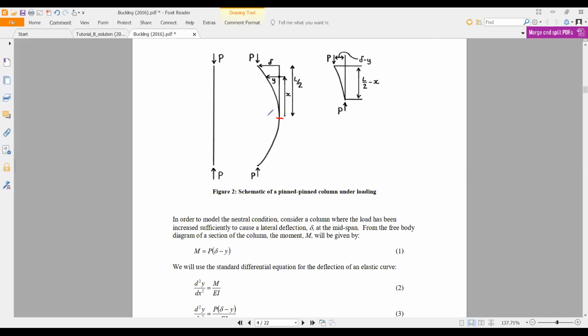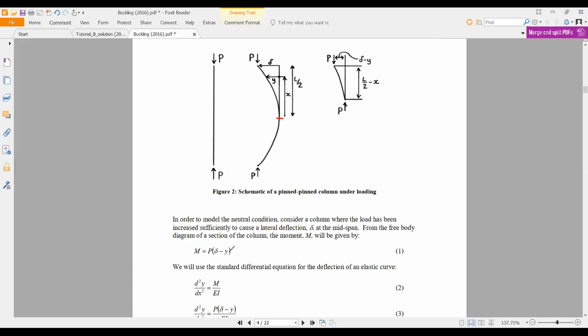On the column the axial load is constant, so it's a P load, and this length is delta minus y, and this length is L upon 2 minus x. So the bending moment around this point is P times delta minus y.